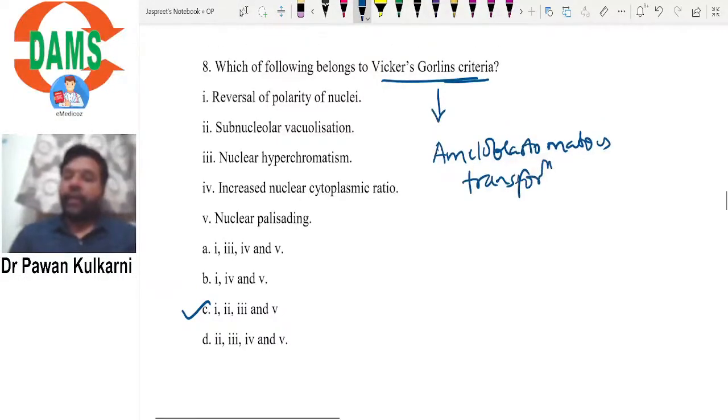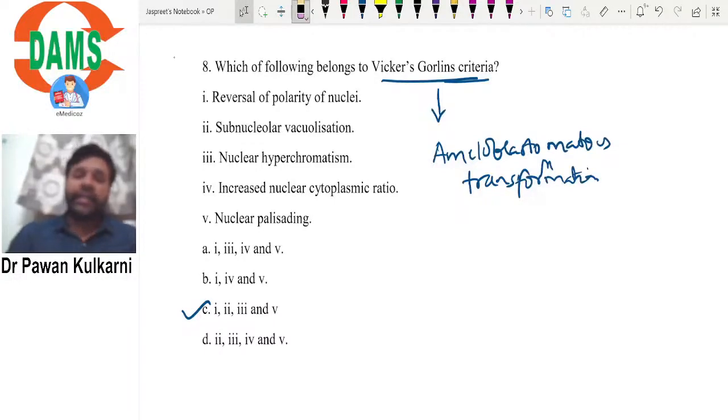For example, if a dentigerous cyst converts into an ameloblastoma, transforms into ameloblastoma, it has to satisfy this Vickers-Gorlin criteria. What are those criteria?